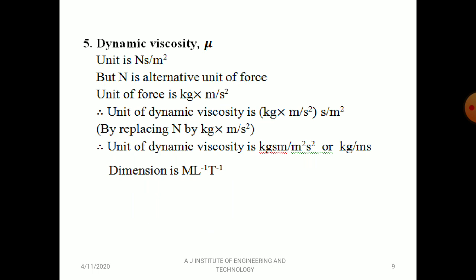That is the alternative unit for Newton. Therefore, unit of dynamic viscosity is kg meter per second square, that is for Newton, into second divided by meter square, by replacing N by kg meter per second square. Therefore, unit of dynamic viscosity is kg per meter second. So dimension is M L to the power minus 1 T to the power minus 1.